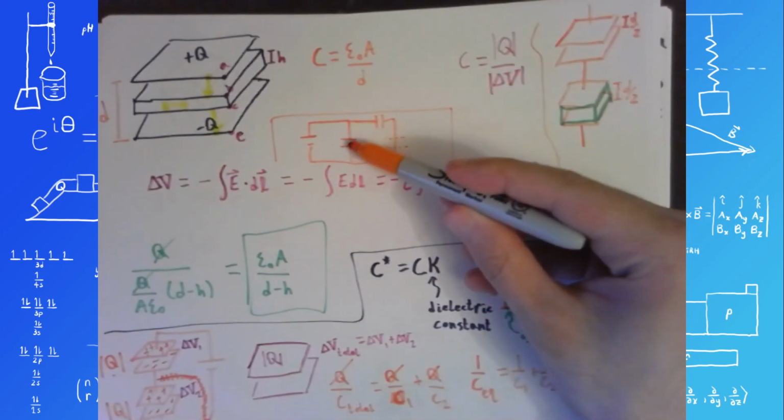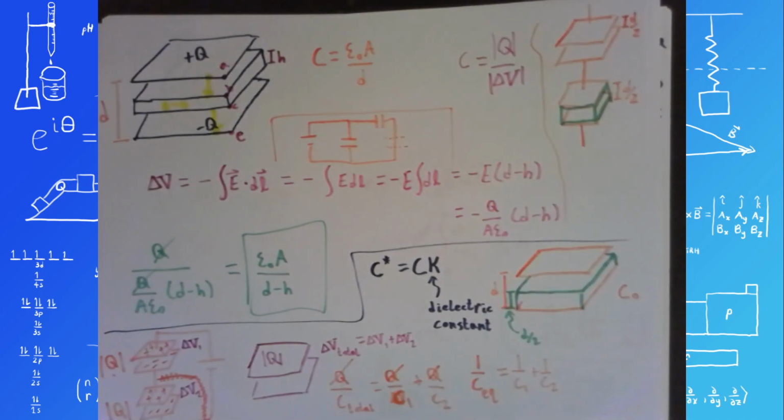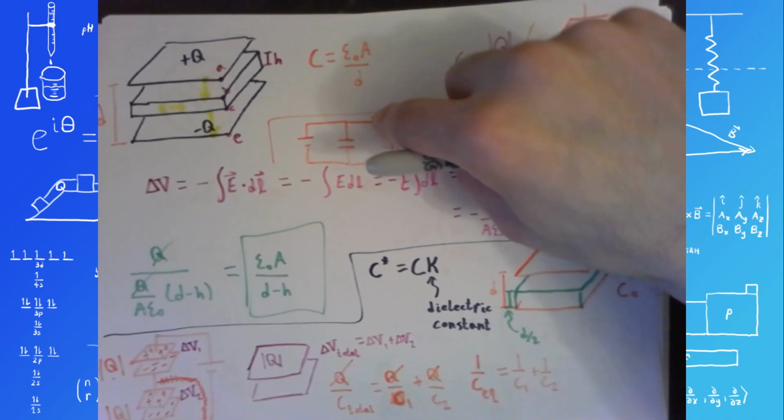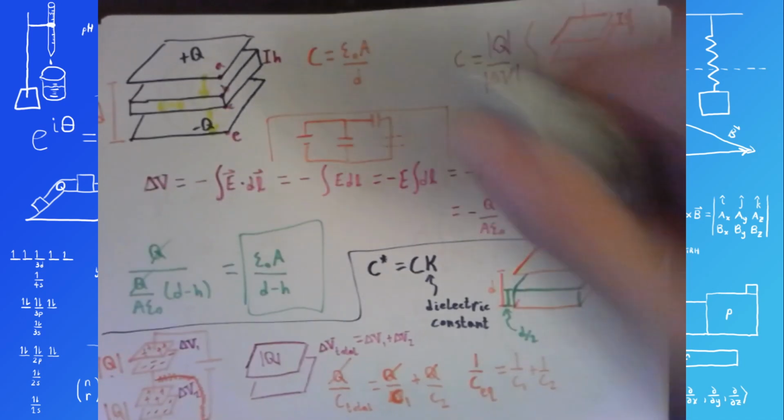And you would look at it and go, oh, well, they're drawn parallel to each other, so that's how we know they're parallel. While we do tend to draw things parallel to each other when they are in parallel, we don't have to. These two capacitors are still in parallel regardless of how this looks geometrically.